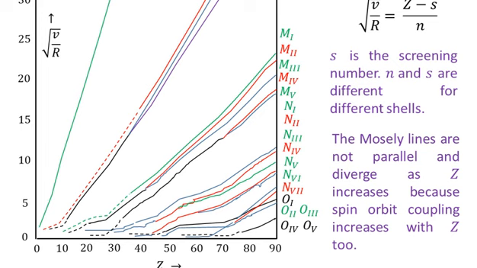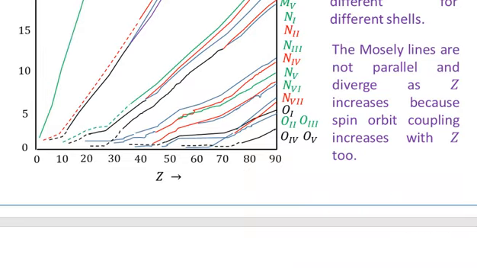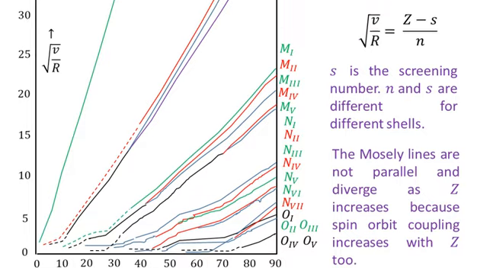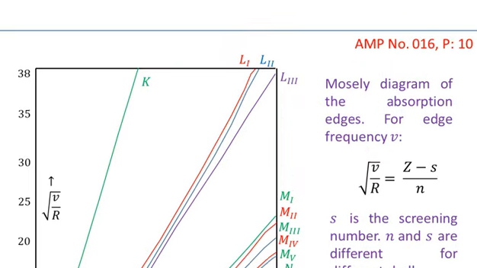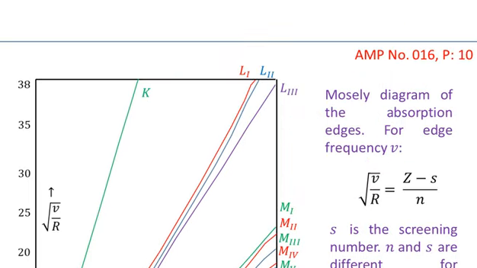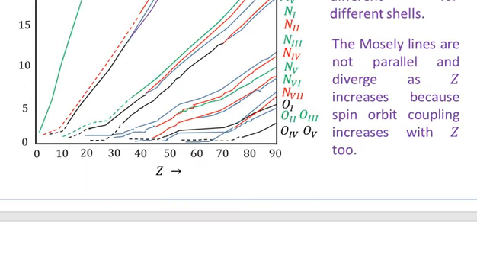The K series begins with very small Z values, and even if you increase Z, the K series remains a single, unsplit line. For very large values of Z, we shall ultimately reach a point where the K series will split into two lines, but that will be for a value of Z much greater than the values shown in this plot.